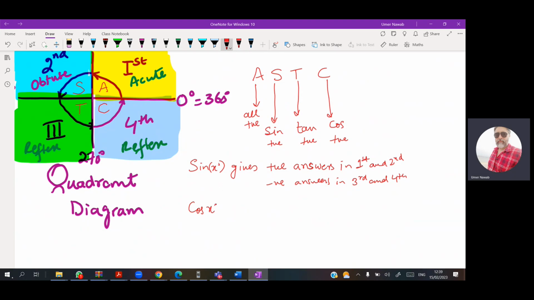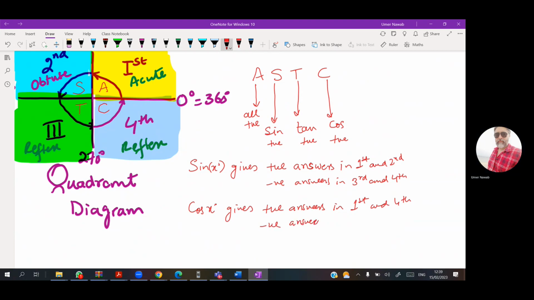Cosine of x gives positive answers or outputs in the first and fourth quadrant, but it gives negative answers in the second and third quadrant.